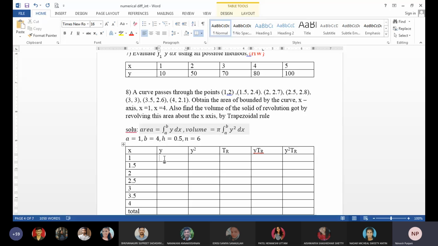The formula for area is integration a to b y dx. Volume of revolution is pi times integration a to b y square dx. The points are given in terms of coordinates, so from that we will get the values of x and y.